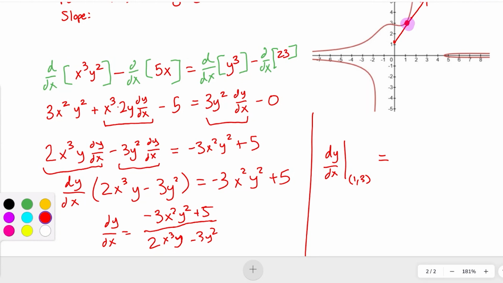Fingers crossed. All right, so minus 3 times 1 squared times 3 squared plus 5 over 2 times 1 cubed times 3 minus 3 times 3 squared.